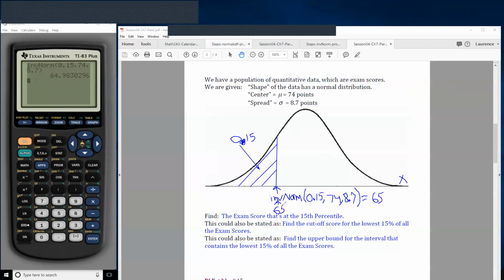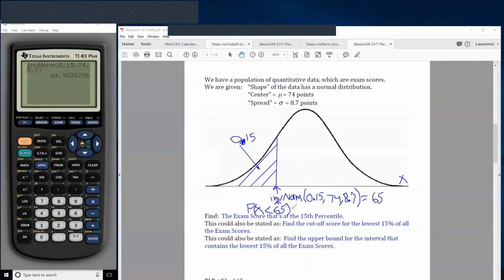And the area is to the left, so put X over to the left. 65 is to the right, so it gets the big end. Put the parentheses around it, and the capital P. So this reinforces the inverse norm. That number is going to be inside the parentheses because it's the upper bound for the interval.